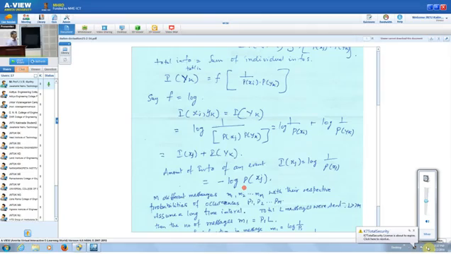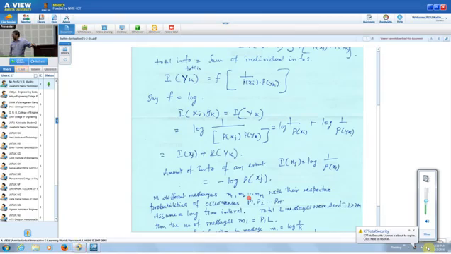Okay, now here you will come to the actual part of the derivation. Here the assumption is you are sending some messages m1, m2, etc., small m up to capital M. Those many messages you are sending.